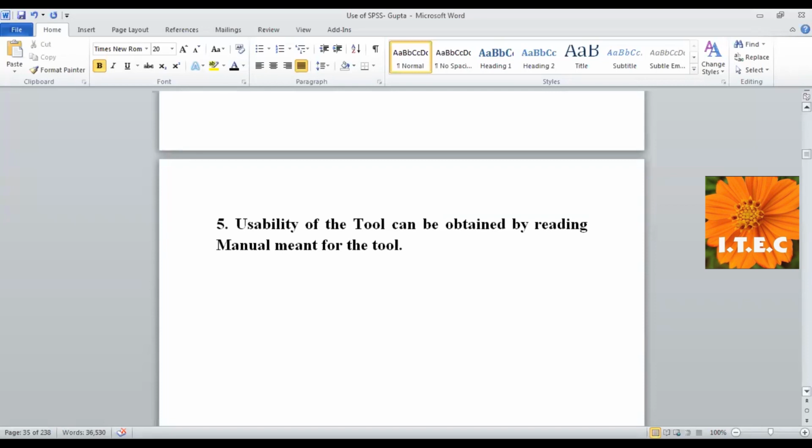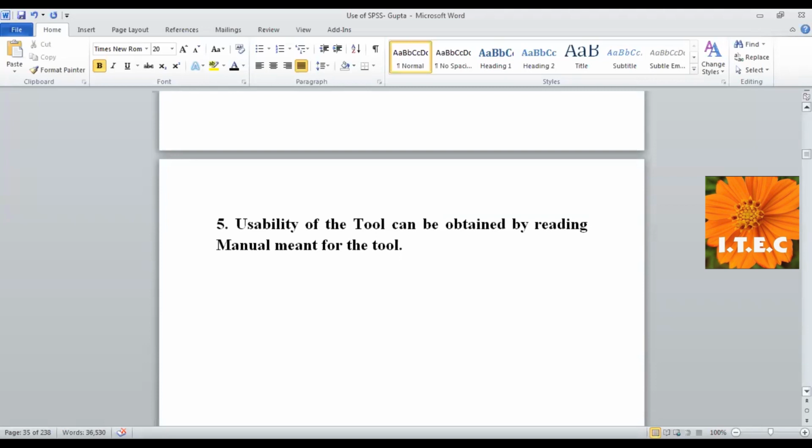There is an adjustment inventory. So there is a manual for the adjustment inventory, and in that manual you will get information about everything: what is adjustment, how many types of adjustment, and how many types of adjustment can be assessed with the help of this particular tool, which is called the adjustment inventory.